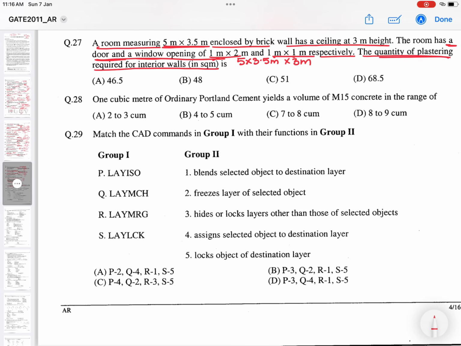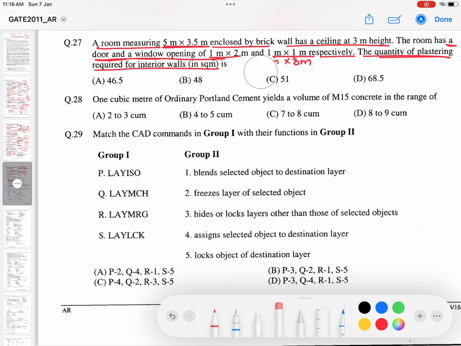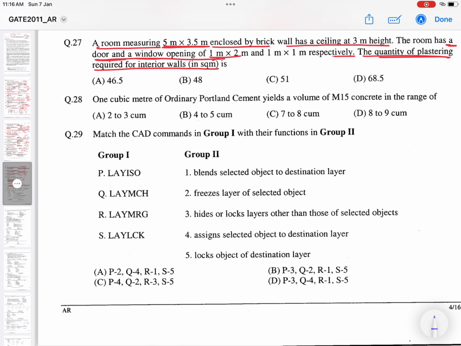Easy peasy. For plastering what we do, let me choose my favorite color. So area equals 5 into 3, the room is like this.